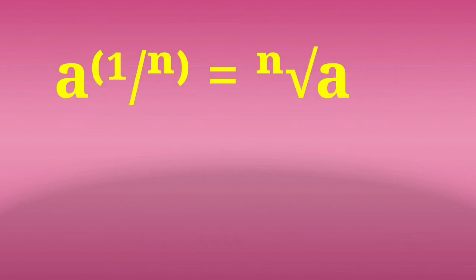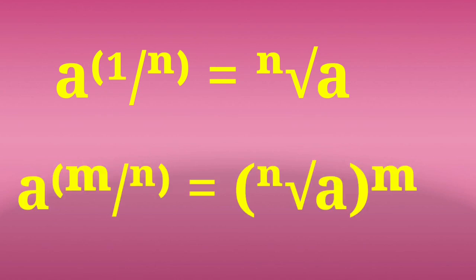So the next law, the third law of exponents. a^(1/n) is equal to the nth root of a, or a^(m/n) is the nth root of a, all raised to m.